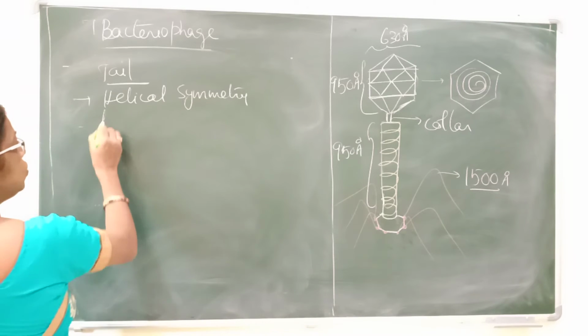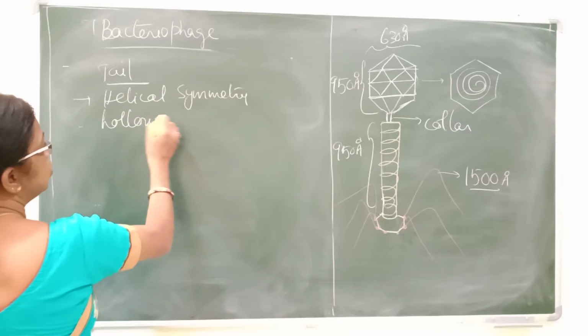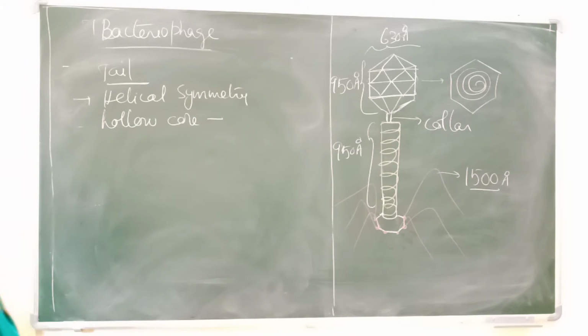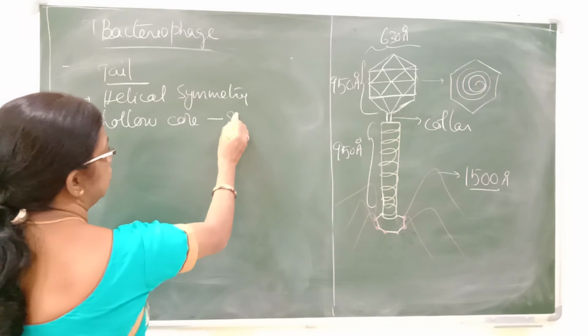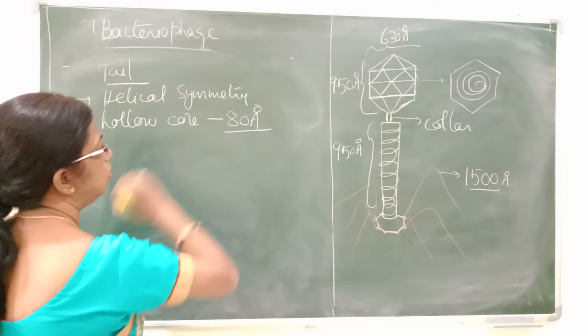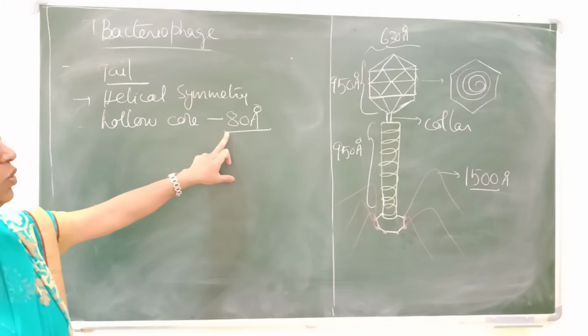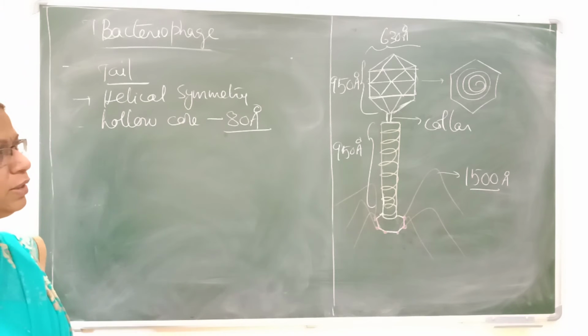It consists of a hollow core with a diameter of about 80 angstroms, or 8 nanometers.